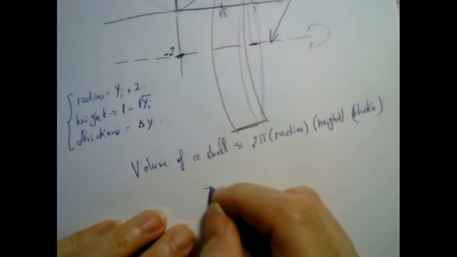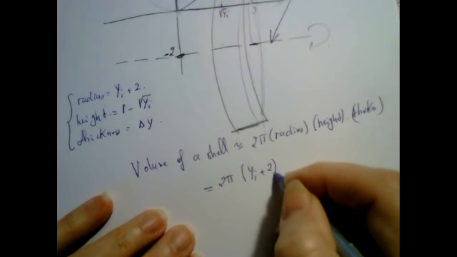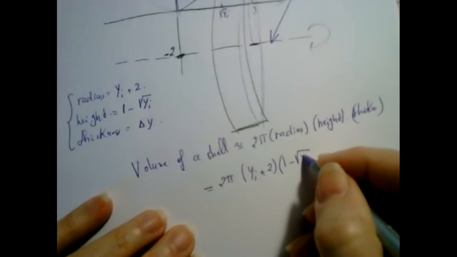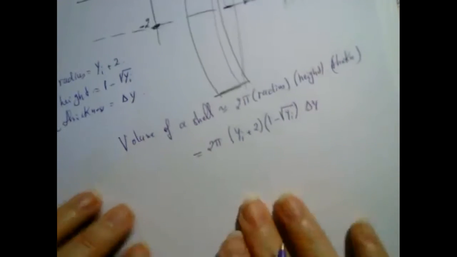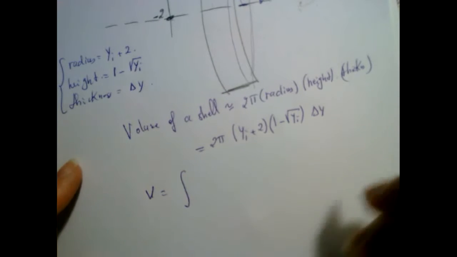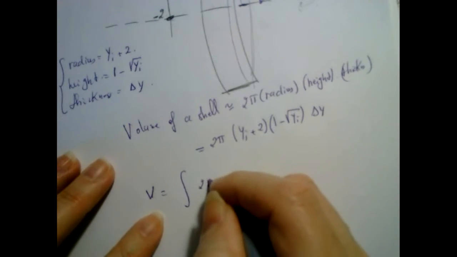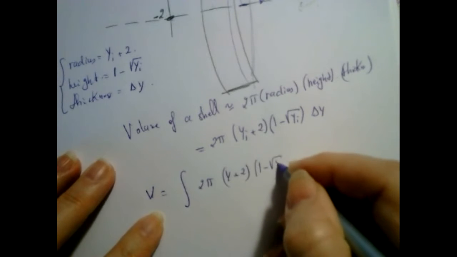So it means that it's equal to 2 pi (yi plus 2)(1 minus the square root of yi) delta y. So my whole volume is going to be the integral of, so it means we're adding the little volumes. So that's transform it into an integral.